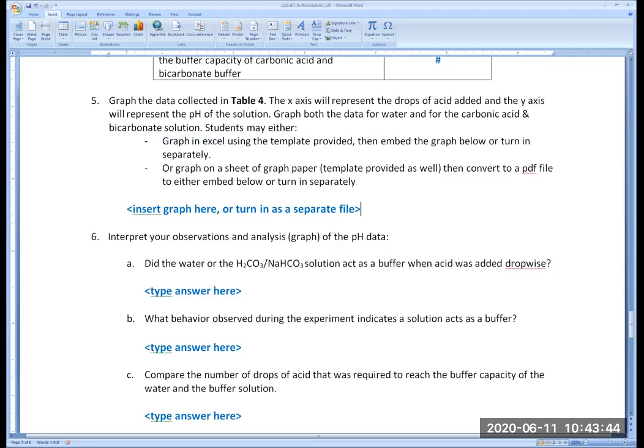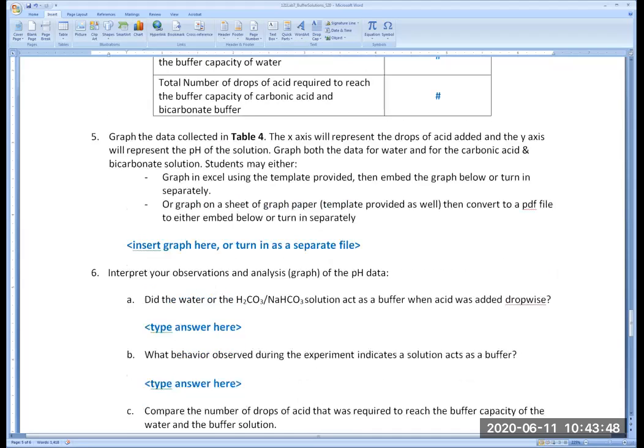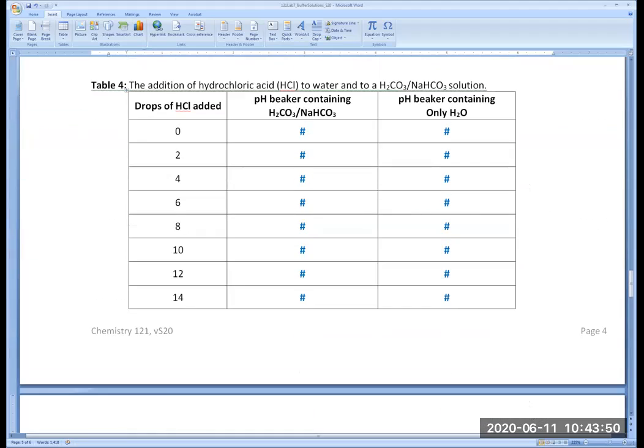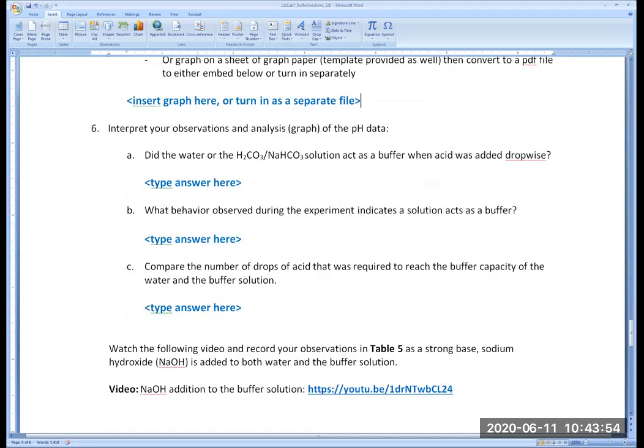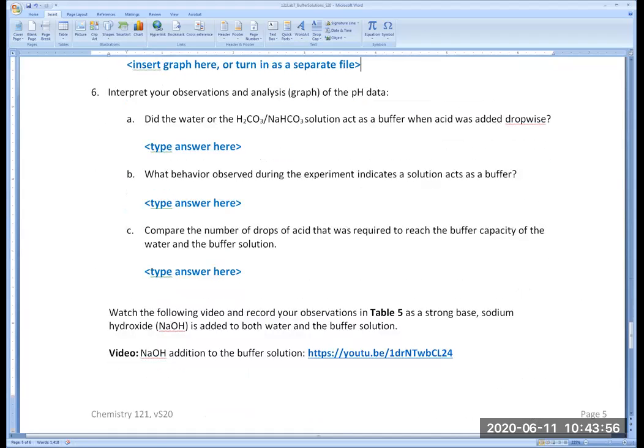Okay, so you will need to do the graph of the addition of HCl into the water and buffer, and then interpret your observations and analyze the graph. Here there are questions about, did the water or the buffer solution act as a buffer?